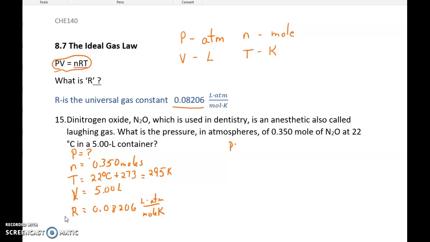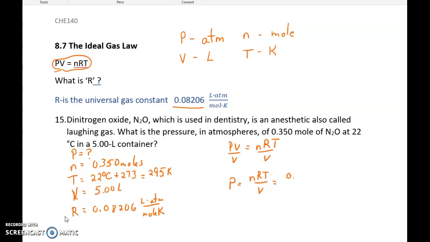So PV is equal to nRT. The one thing we don't have is the pressure. So if we take both of these and divide by V, we'll get P is equal to nRT divided by V.